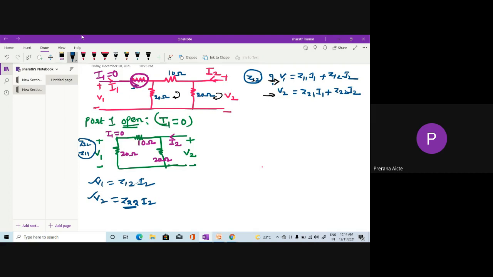If your question is to find Z22, simply open port 1 and find the equivalent resistance, and you will get the answer easily. That much is simple. So I am taking Z22 first, because I already told you that.